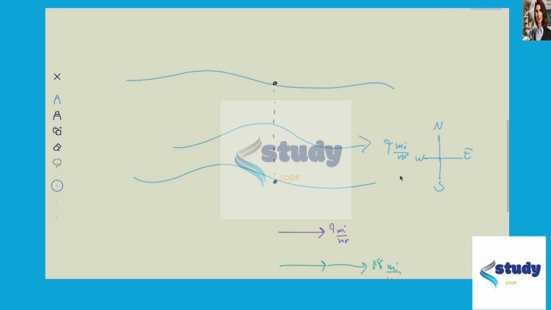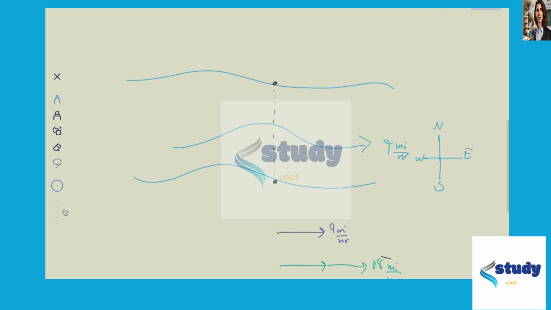We need our velocity to not have any western component or eastern component. We need our boat's velocity vector to be to the east to some extent, such that it will have westward velocity that's equal to 9 miles an hour.